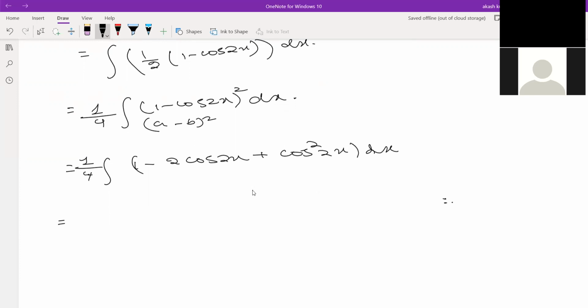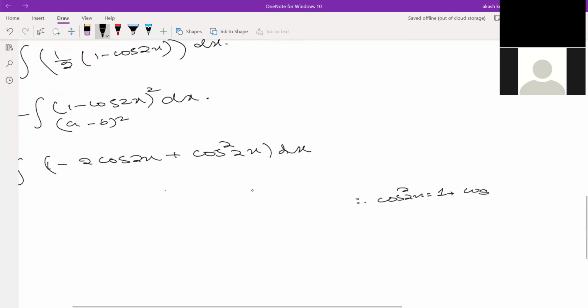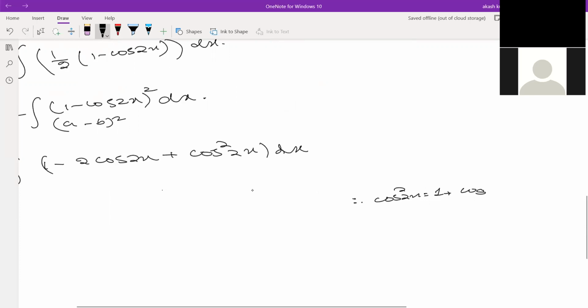There is again an identity, that cos square 2x is equal to 1 plus cos 4x divided by 2.